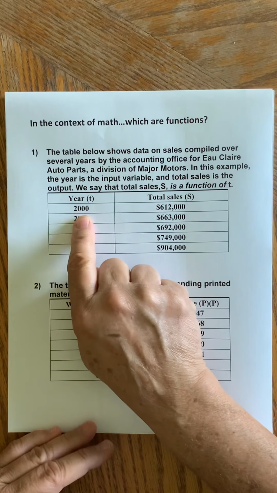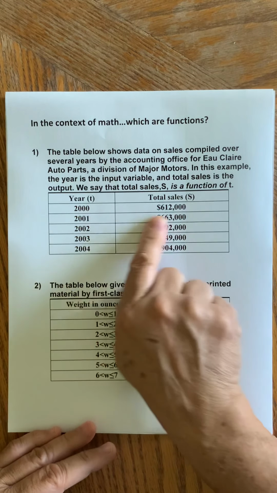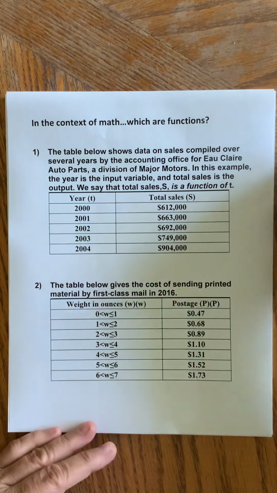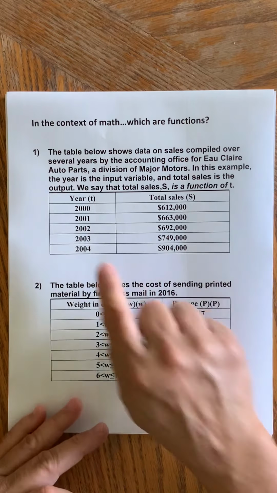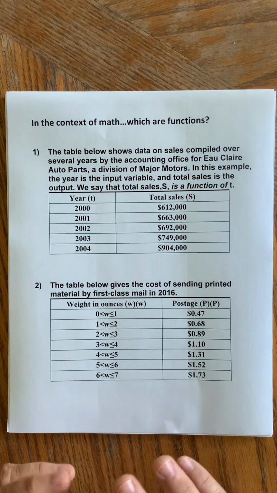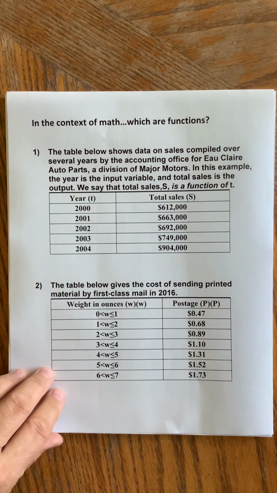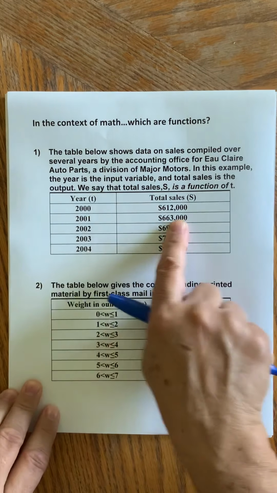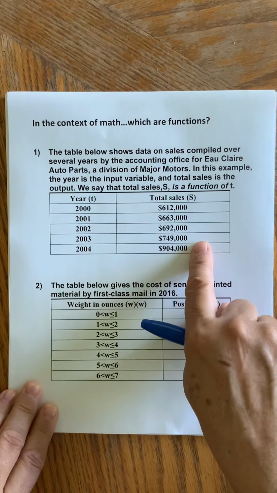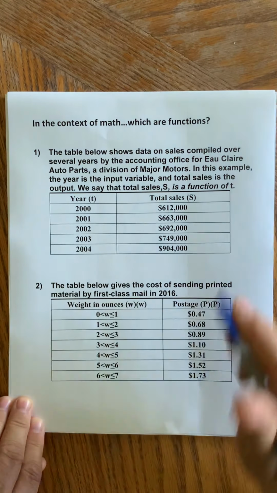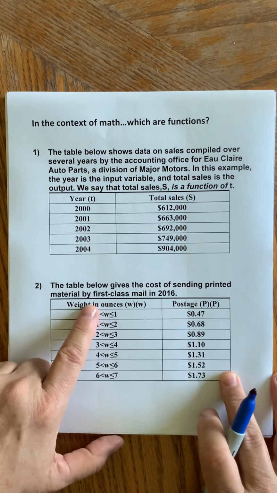After they tallied up all their sales in the year 2000, they say, well, we made 612,000. Does that change? No. For that input, that's what they made. It's not like, well, gosh, it was 612, but somehow I looked at the books and now it's 520 or 125 or whatever. Thousand doesn't work like that. So for each input, there's only one output. This is a function. Here, let's take a look at number 2.